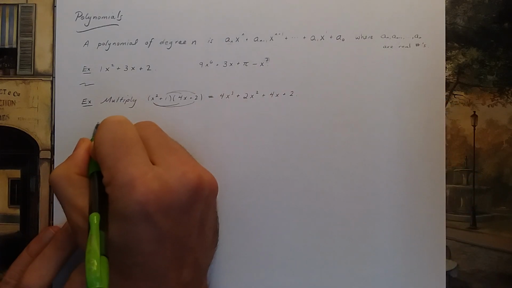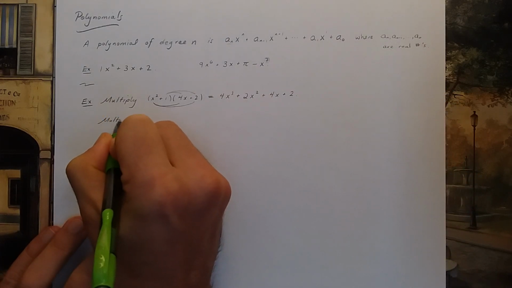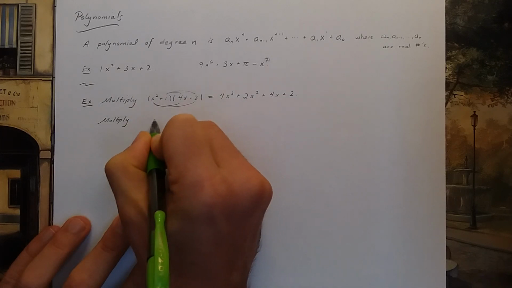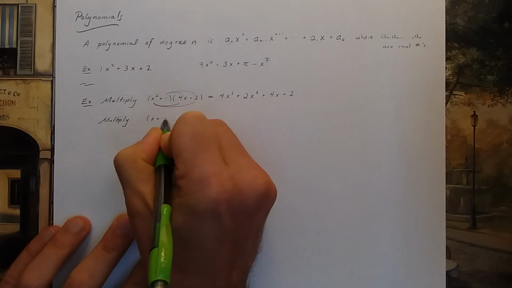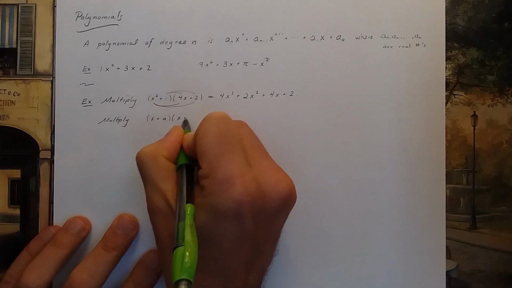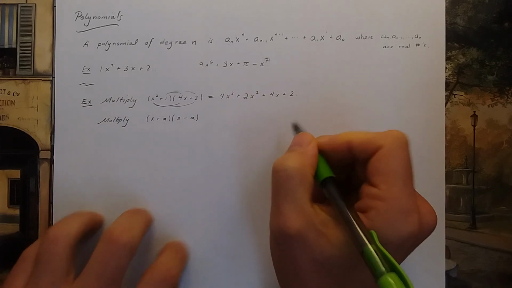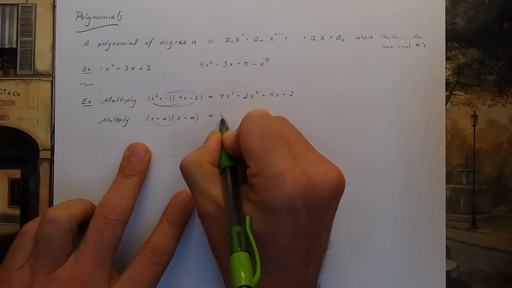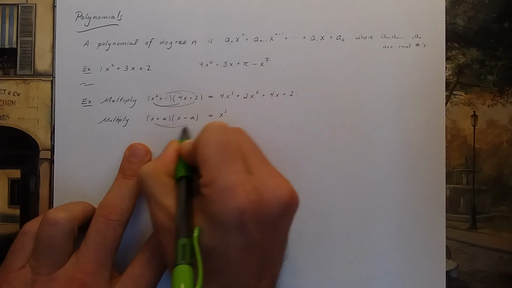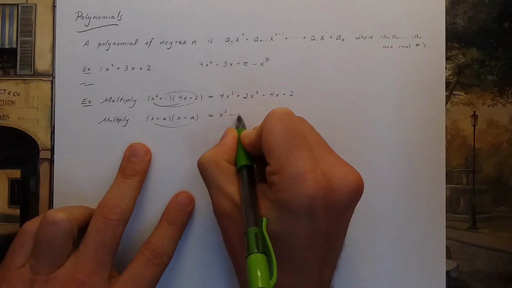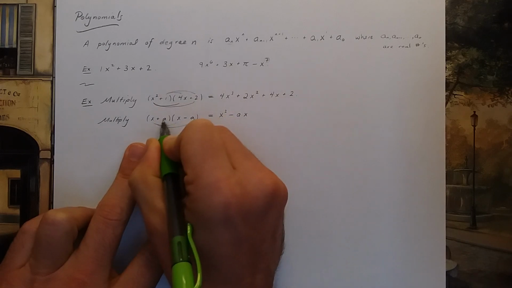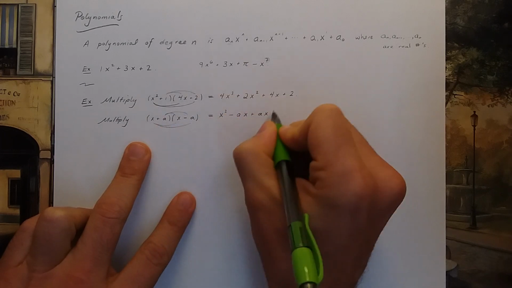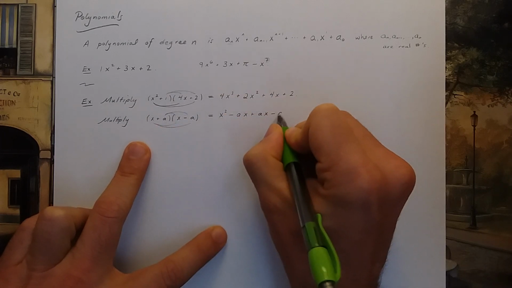Let's do another example. How about if I multiply something that looks like x plus a times x minus a. So if you multiply, you get x times x, which is x squared, minus x times a, so minus ax, plus ax, minus a squared.